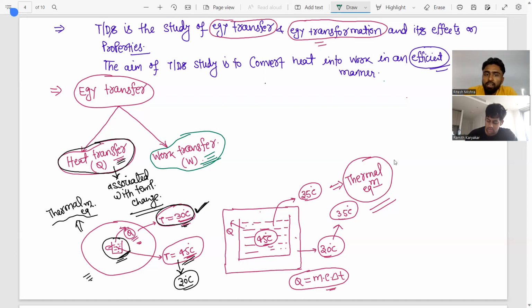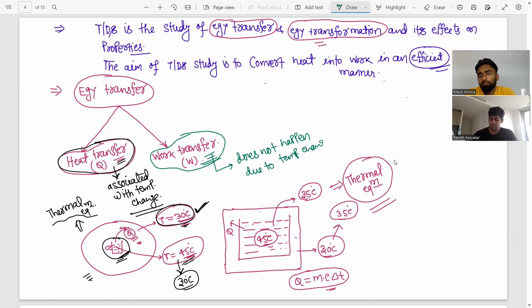It does not happen due to temperature change.